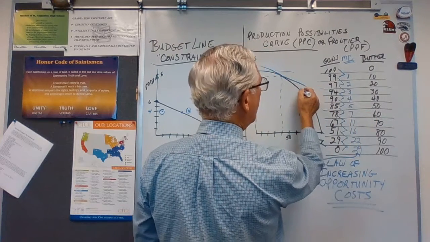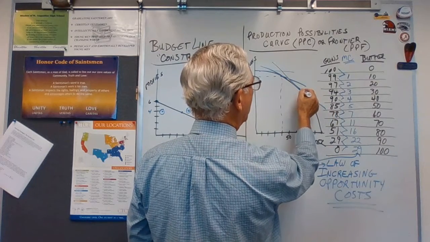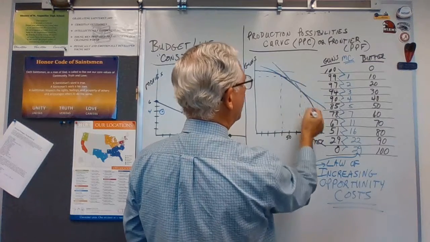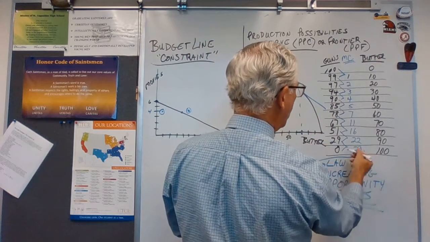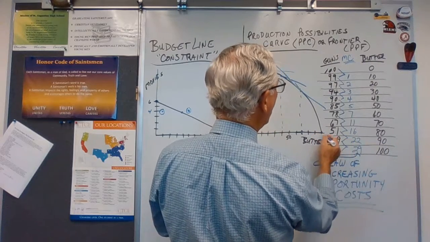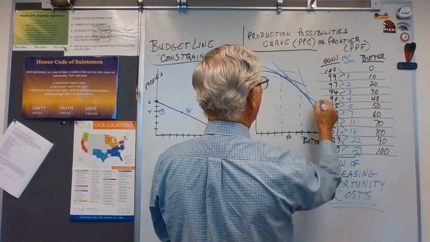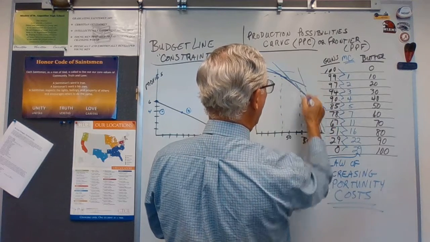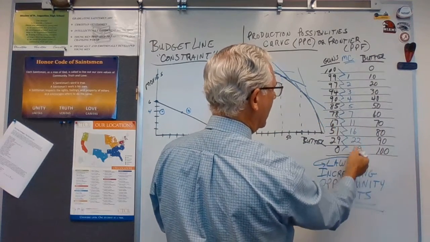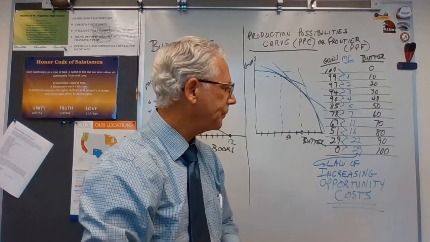So that's pretty close to a 1-to-1 trade-off, and that's very nearly a 45-degree angle there, okay? And the trade-off is significantly steeper at that point. And then, of course, when I get down here at 90 guns, I've got a 22-to-1 ratio, okay? And that's going to be incredibly steep, okay? 22 down and 10 over, 22 to 10 ratio, okay? And then finally the 29 to 10 ratio at the end here.